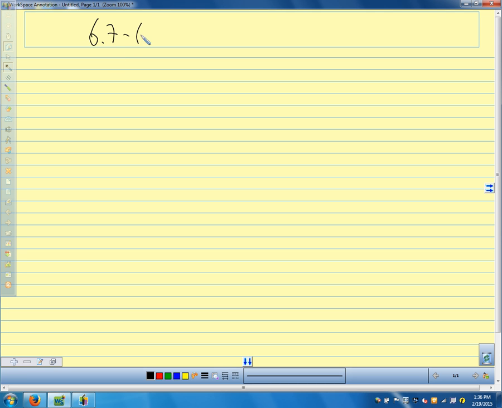6.7 and 6.8 together. They're kind of all about the same thing. So we're going to talk about how we use coordinates with geometry.